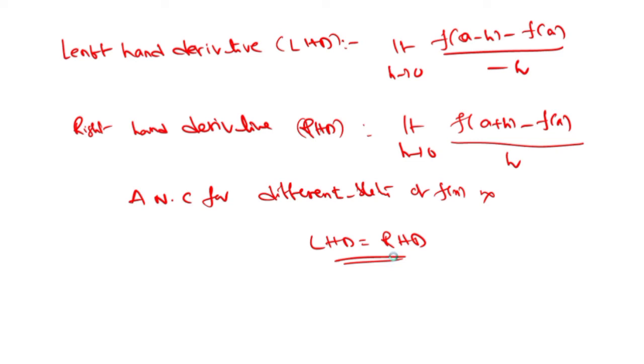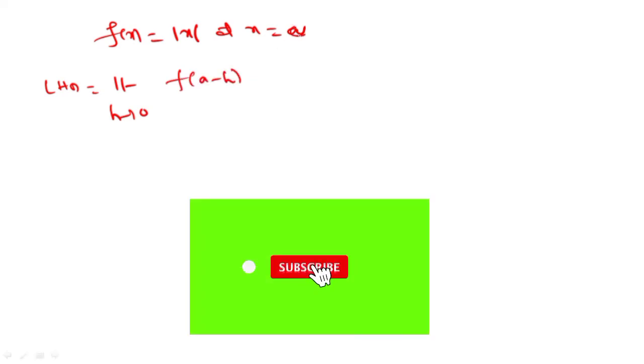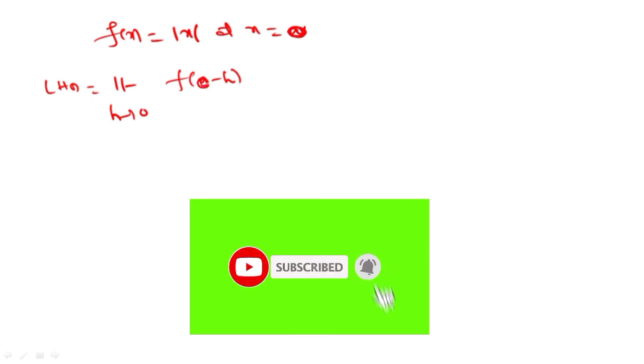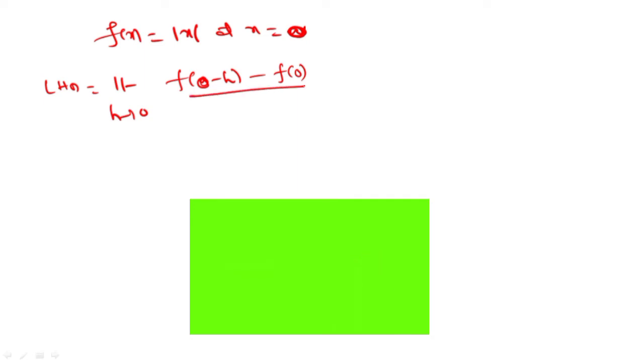For example, when we take f of x equal to mod x at x equal to a, the left hand derivative we find is the limit as h tends to 0 of f of a minus h minus... at x equal to 0, better to take (f of 0 minus h minus f of 0) by minus h.